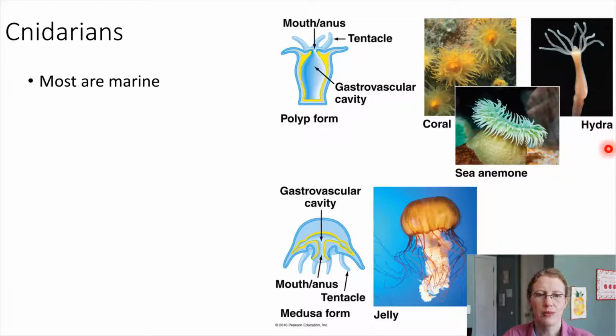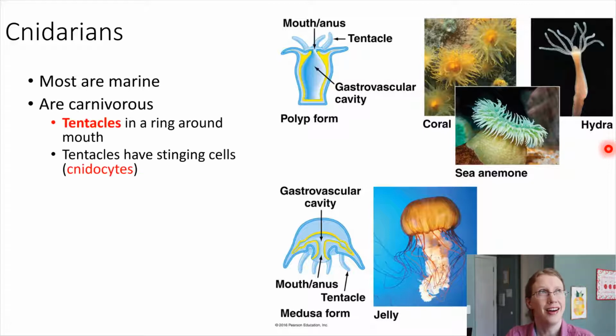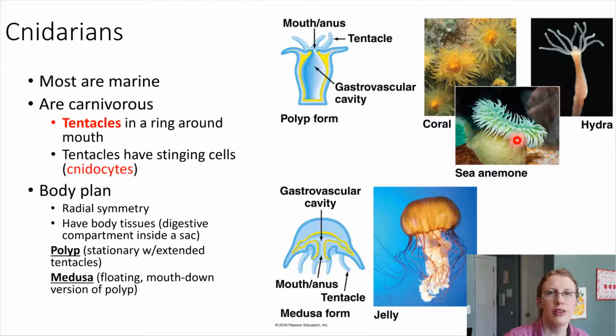All of these organisms are carnivorous. Carnivorous, that's right, jellyfish are carnivorous, and the way that they catch their food is by using tentacles. So jellyfish have tentacles that hang down. Sea anemones have tentacles that are sort of positioned upwards, Hydra as well. And these are representing two major different body plans of the cnidarians.